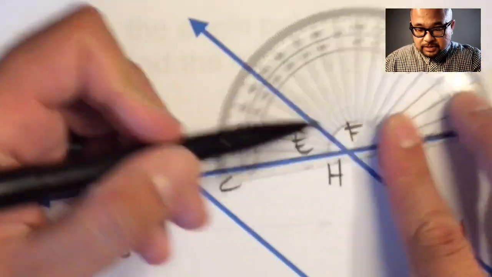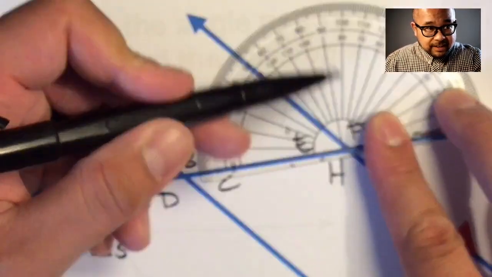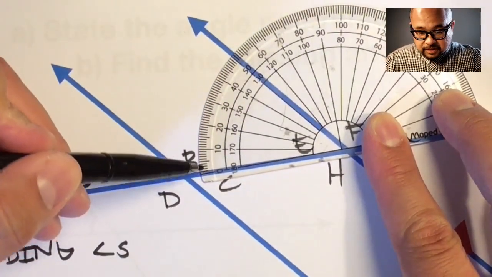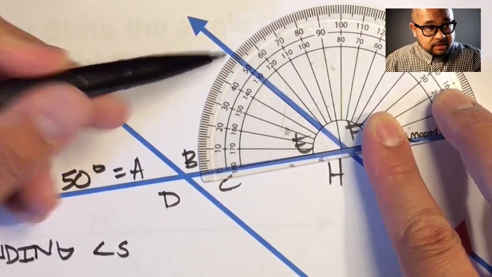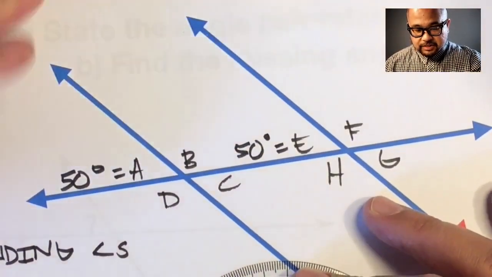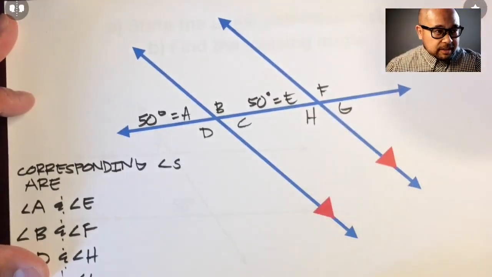We'll put the center right there on the vertex of our angle. So from 0 all the way up to 50 degrees. It's also 50 degrees. So what do we notice about A and E, that pair of corresponding angles?